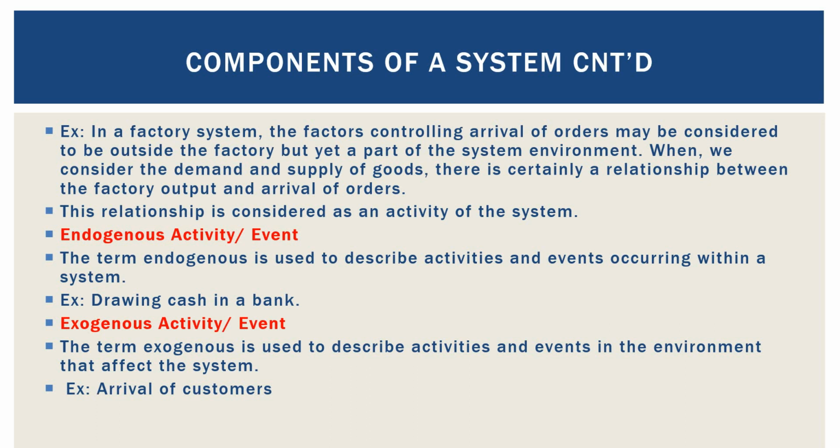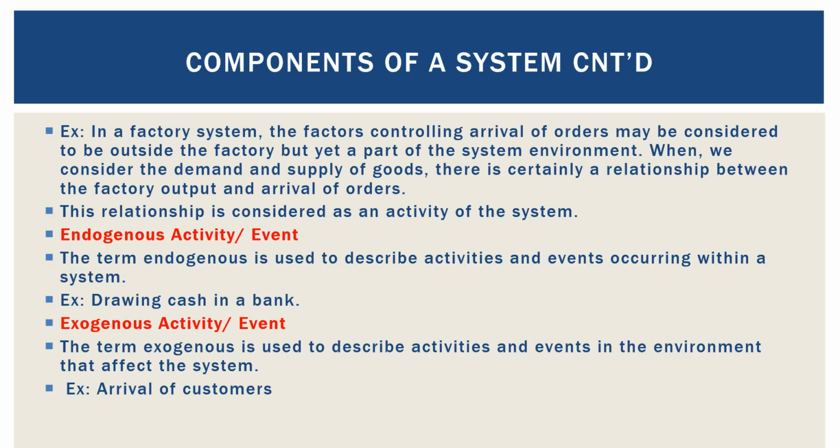Now let's look at another two types of events that can occur in a system. We have what we call endogenous and exogenous activities. The term endogenous is used to describe activities and events occurring within a system. We have the system, denoted by the system boundary.